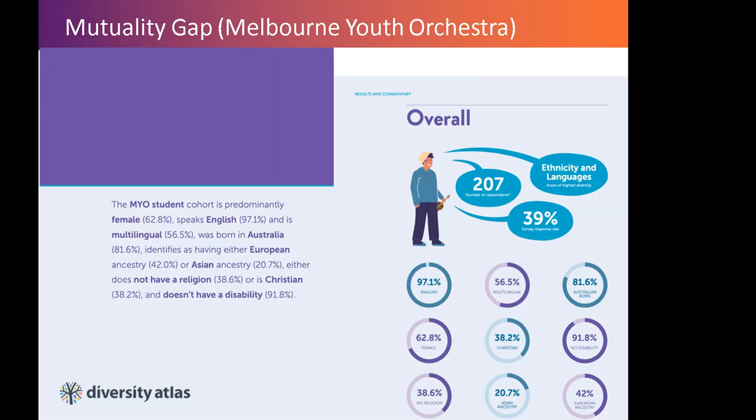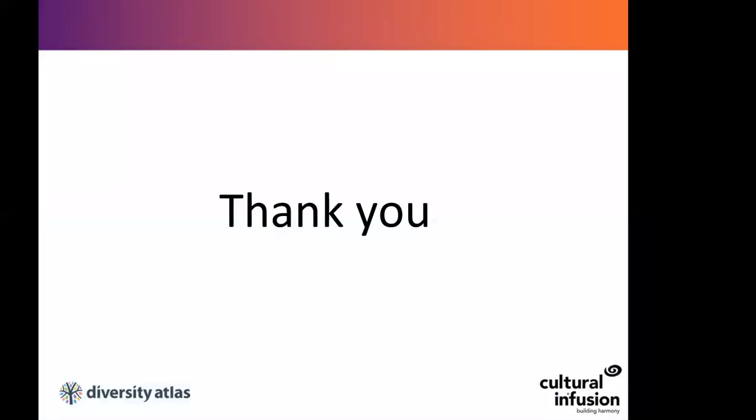Asian ancestry was 20.7%, and 38.6% chose that they did not have a religion. 38.2% were Christian, and 91.8% ticked that they didn't have a disability. And here's just some more statistics. Of course, these infographics are produced instantly by Diversity Atlas.